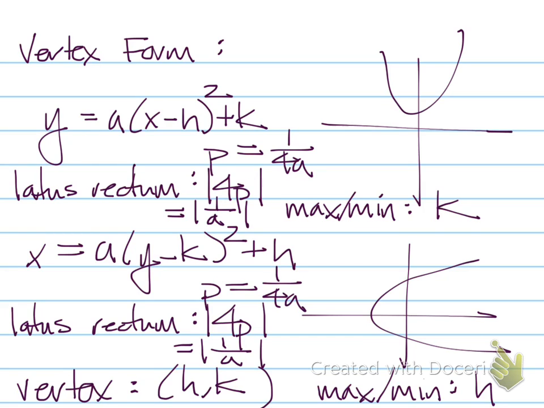So P is going to be equal to 1 over 4a. The latus rectum will be the square root of 4 times P, which is the same thing as the square root of 1 over a. The maximum or minimum value will be whatever k is. If the parabola opens horizontally, the maximum or minimum value will be whatever h is.